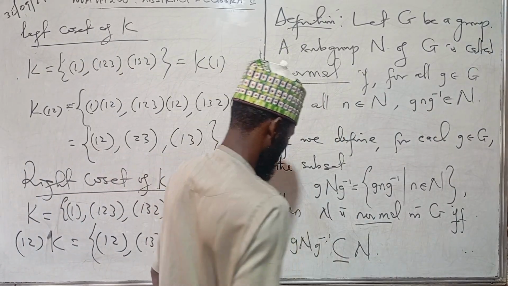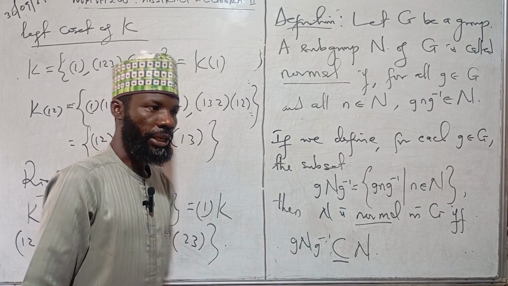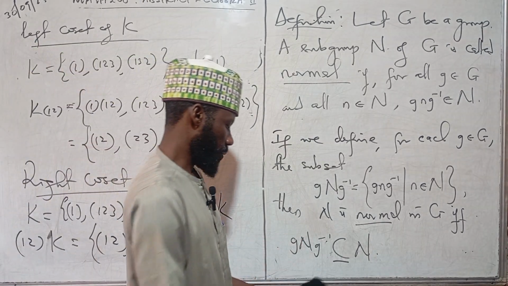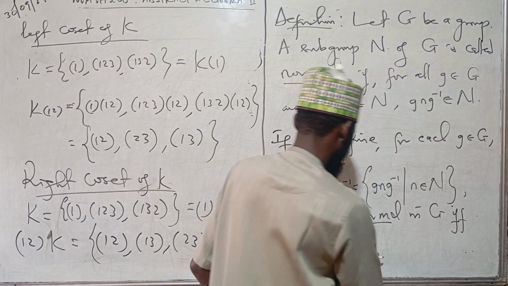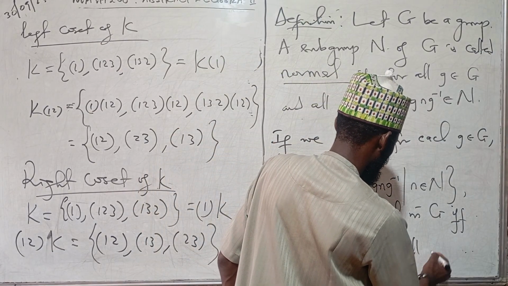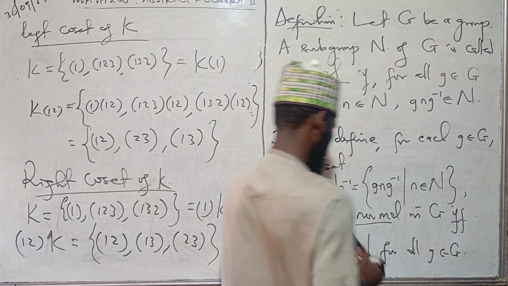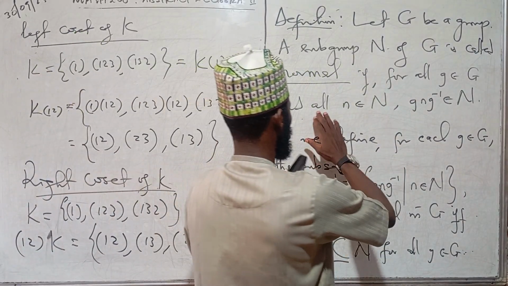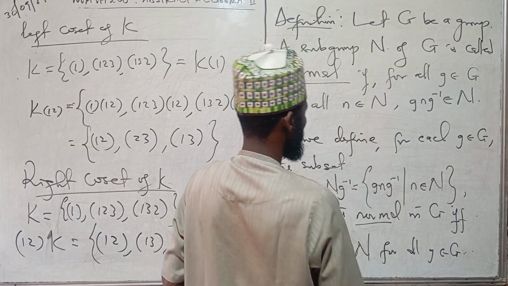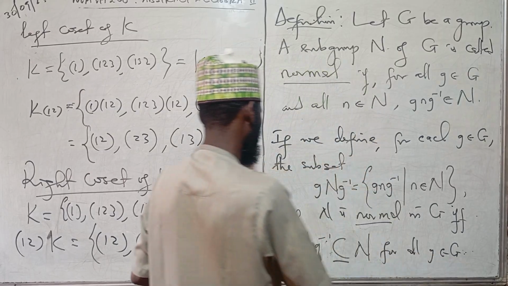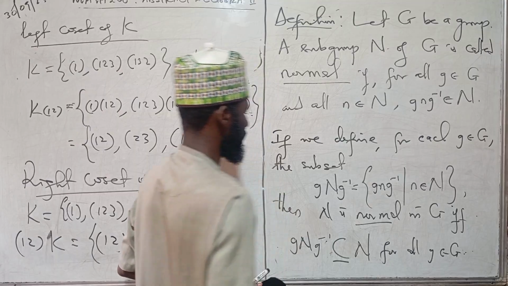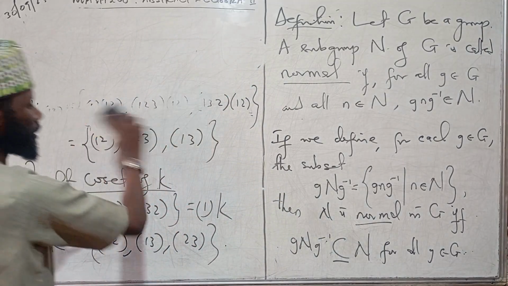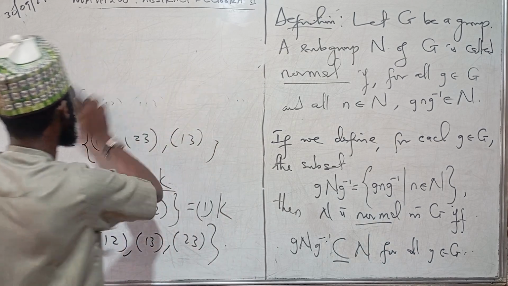Externally, you can look at it like this: gNg inverse is contained in N, then you say the subgroup is normal, for all g in G. So you have reduced the number of quantifiers because you don't have to say for all n. You can just say for every g, the subset gNg inverse is always contained in N. One can immediately see that, in fact, it is an equality here.